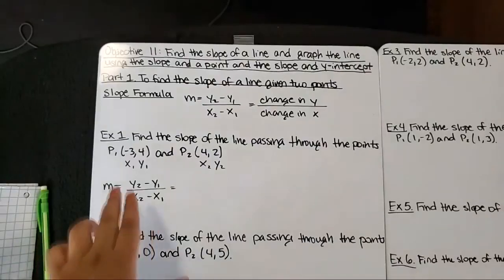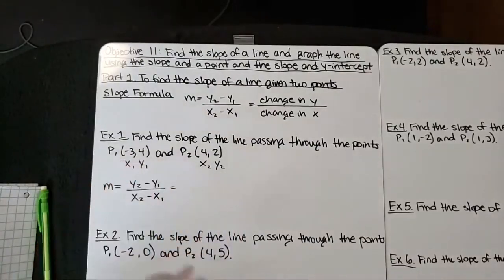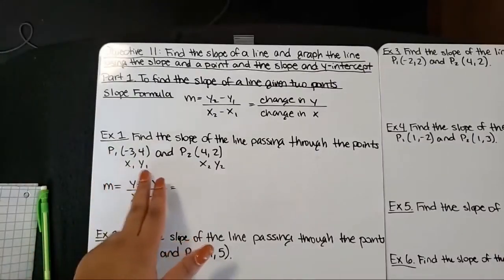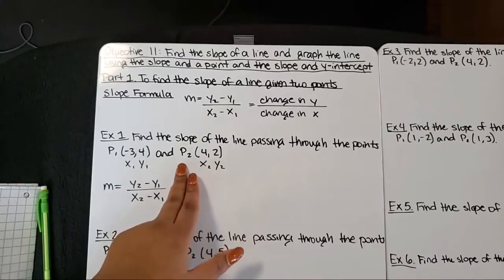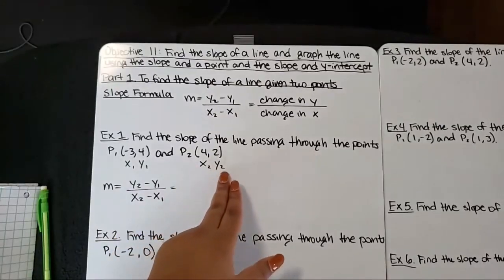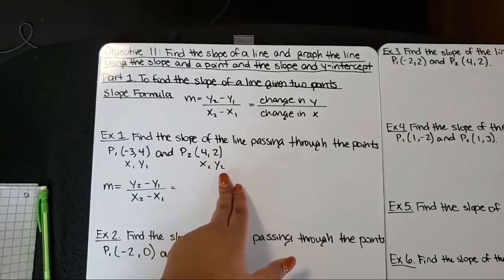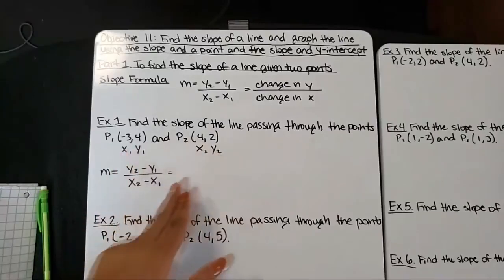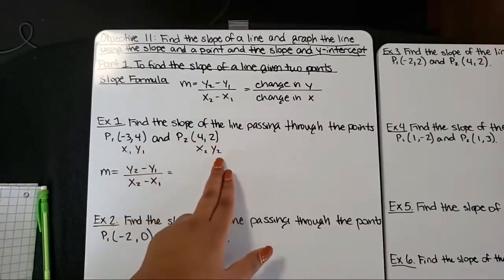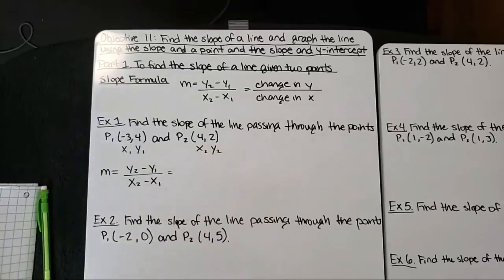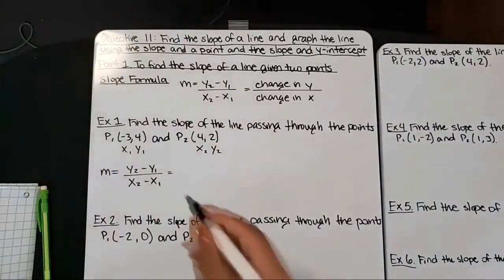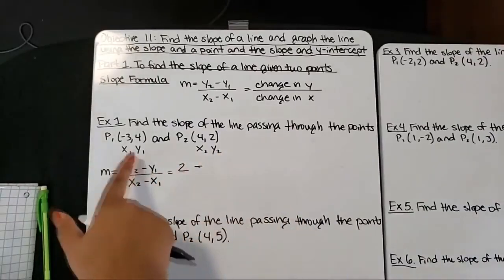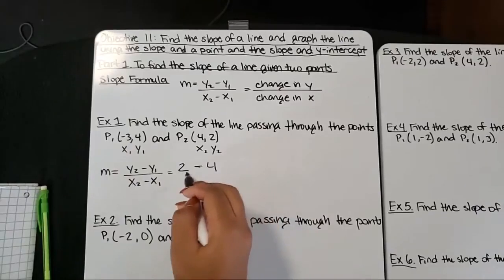As we look at example number 1, this is our first point, so this x and y is x1 and y1. For our second point, this x and y is x2 and y2. When we plug it in, we want to plug it in just like that. We take the y2, which is 2, and subtract the y1, which in this case is 4.